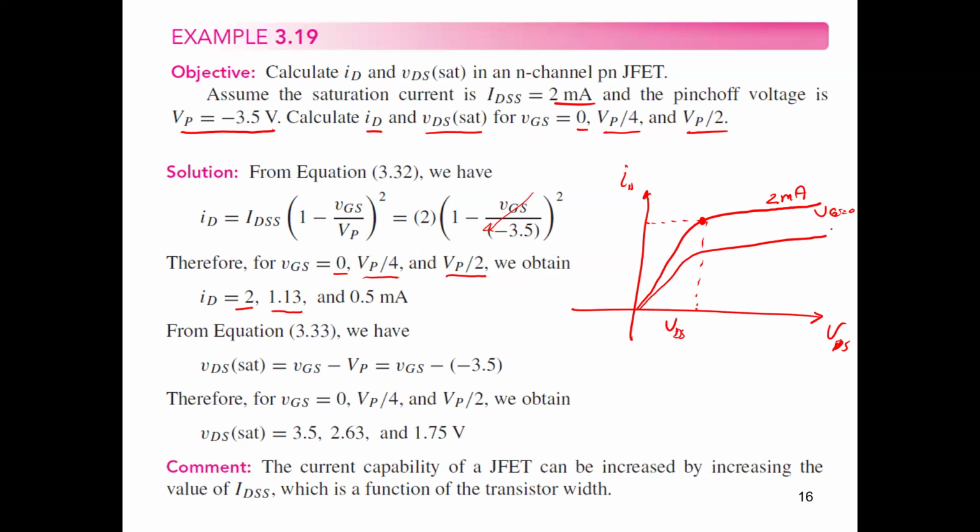So this is minus 3.5 divide 4 volt VGS. Then let's substitute at VP divide 2. We will get a third curve at VP divide 2.